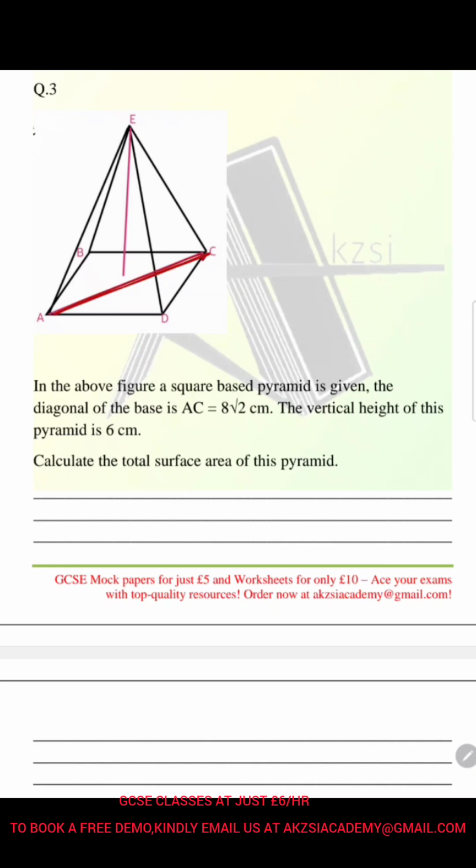If a diagonal is given, the sides are pretty easy to calculate because this is a right triangle. The square has all the angles 90 degrees, so that's why this triangle is going to be 90 degrees.